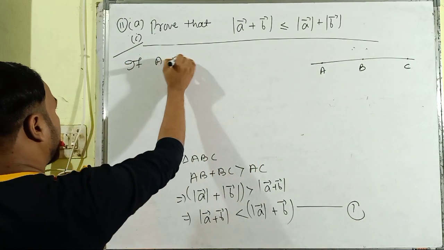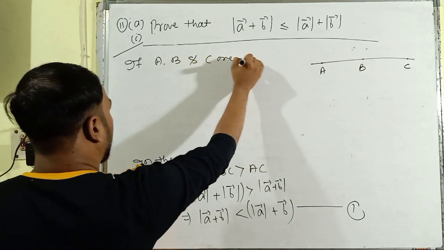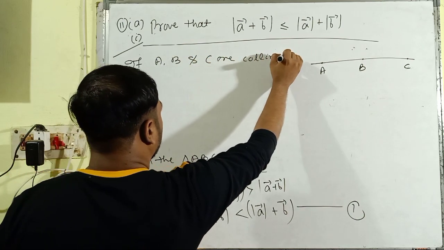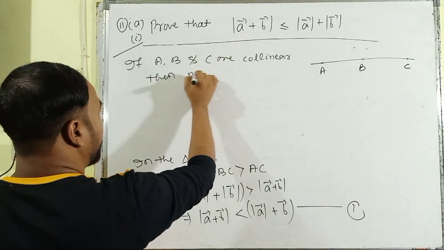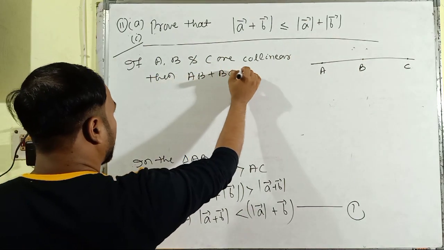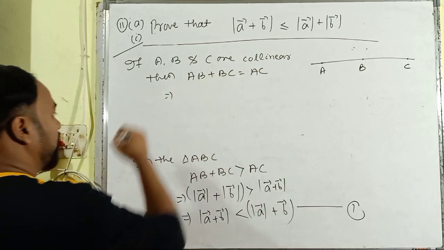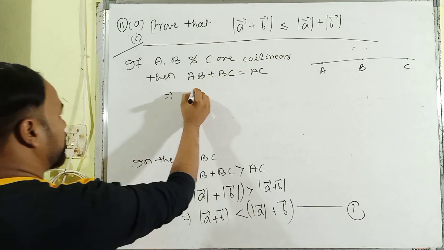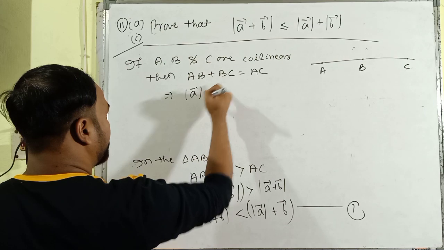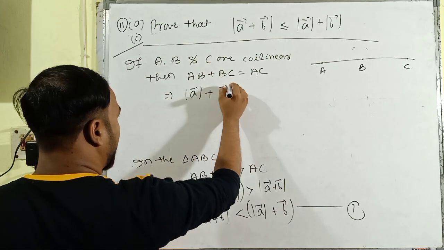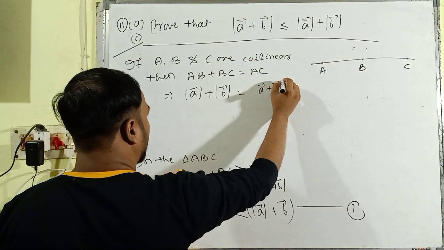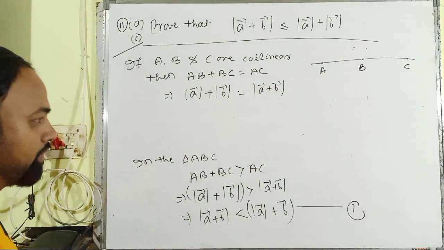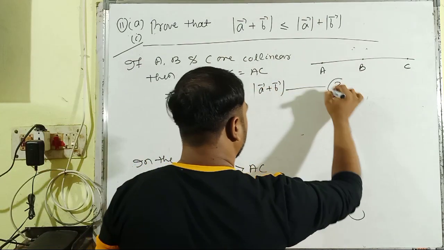If A, B and C are collinear, then AB plus BC is equal to AC. In place of AB, we can put the magnitude of A vector. In place of BC, we can put the magnitude of B vector. And in place of AC, we put the magnitude of A vector plus B vector. And it is case number 2.